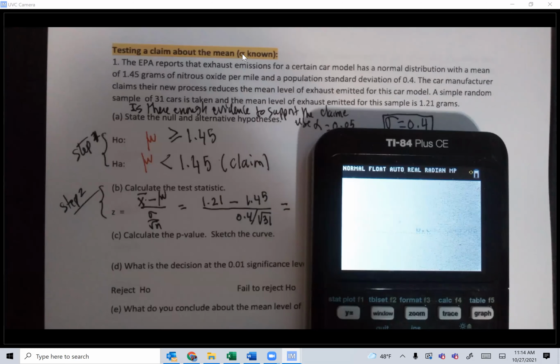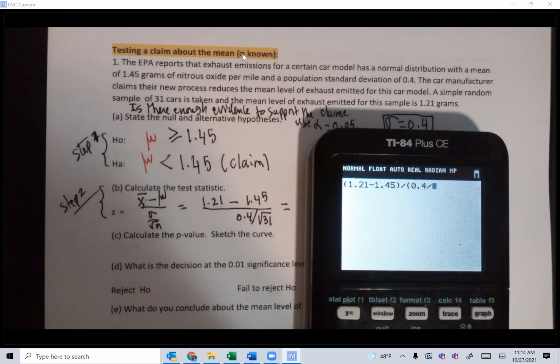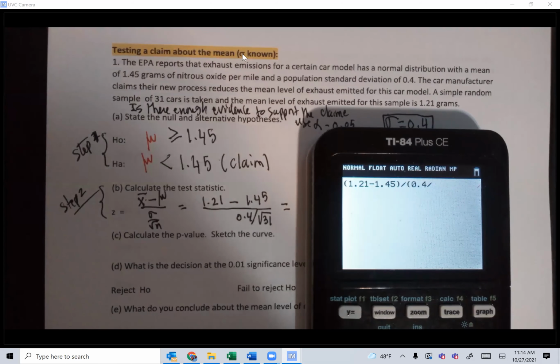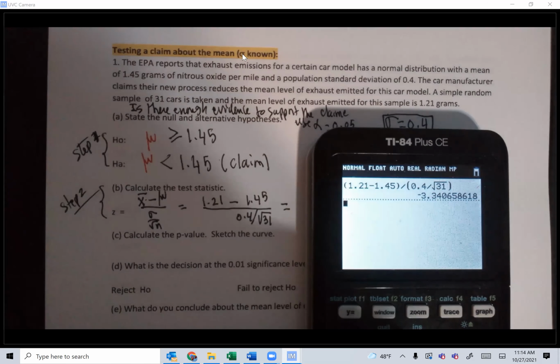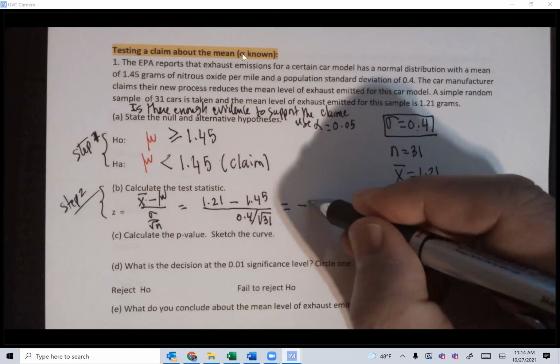So open parentheses, 1.21 minus 1.45, divided by, open parentheses, 0.4 divided by the square root of 31. Here you go. I'll just keep it on the screen for a second. And it's negative 3.34. That's Z.